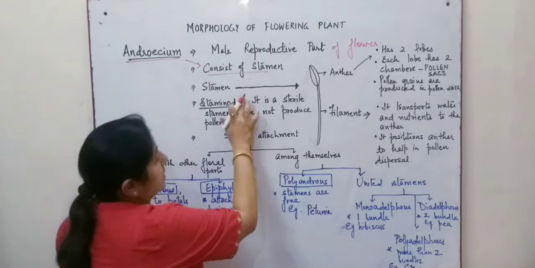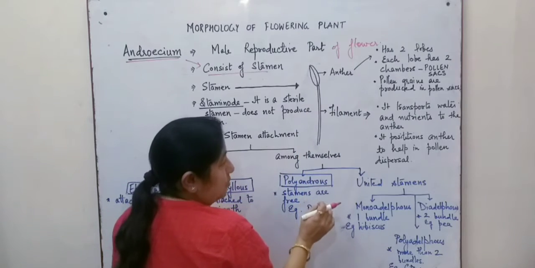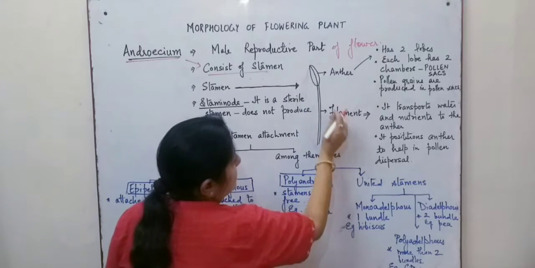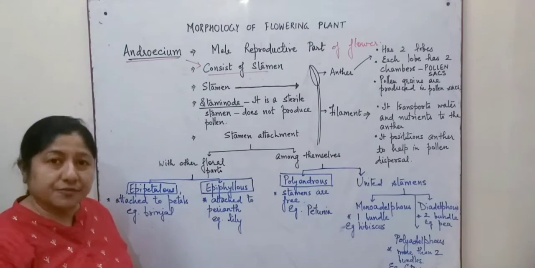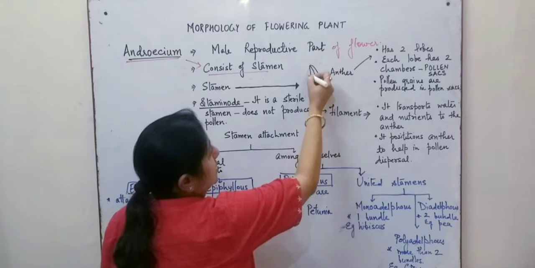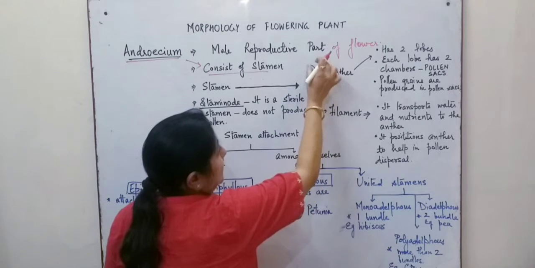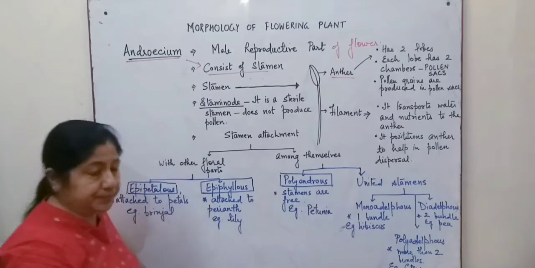A stamen is actually a structure which is found in the plants, and it consists of a long tubular structure which is known as a filament, and the filament ends at the structure which is slightly oval shaped, and it is known as anther.